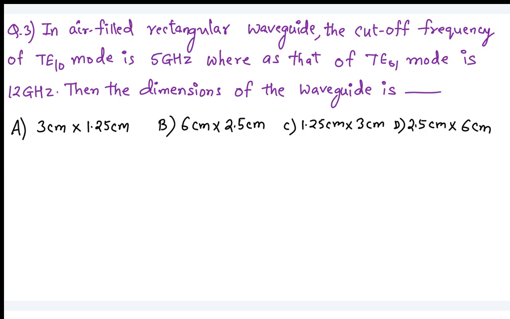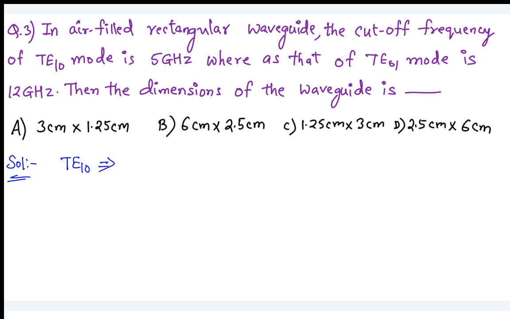So for TE10 mode, the cutoff frequency is 5 gigahertz. And one more thing I will tell you here. Since all rectangular waveguide dimensions are in centimeter, whenever you substitute the velocity of light, take it in centimeter per second.